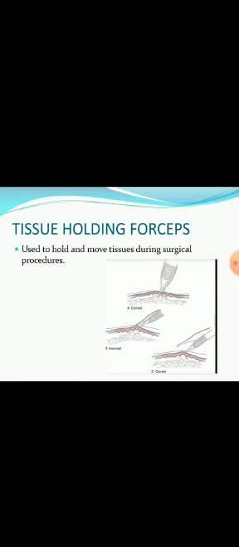The needle should always pass from movable tissue to fixed tissue, from the thinner to the thicker one, and from the deeper tissue to the superficial ones. The tissue should never be closed under tension. The tissue holding forceps are used to hold and move tissues during surgical procedures.